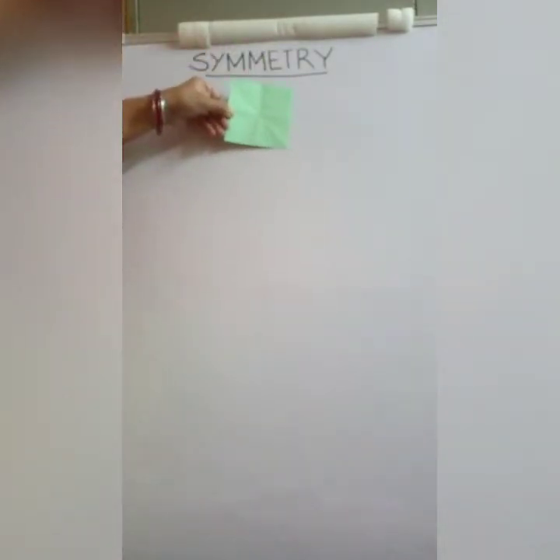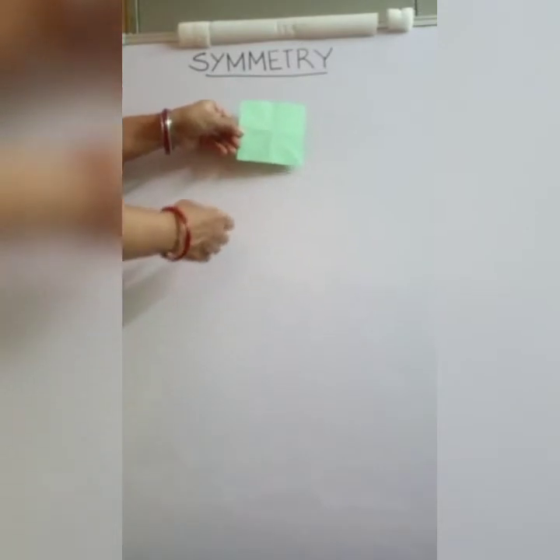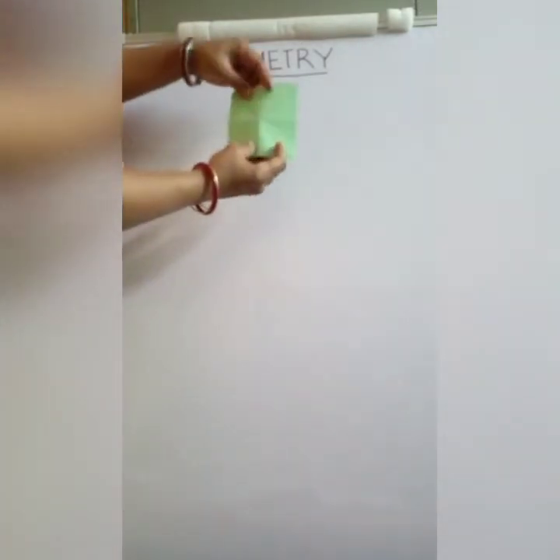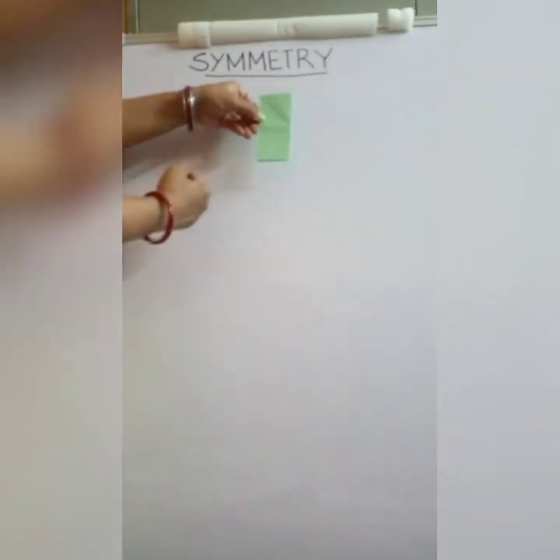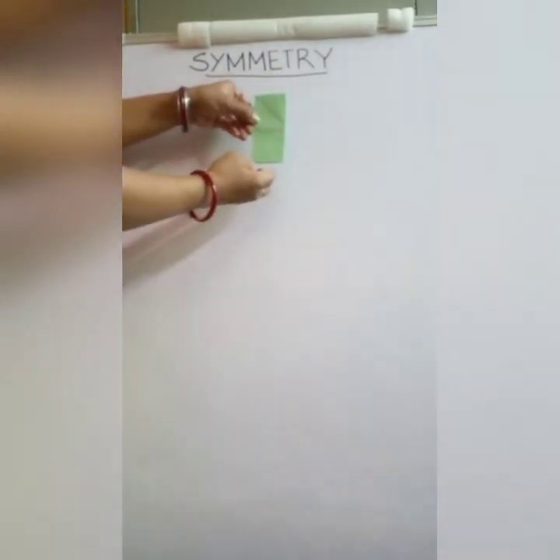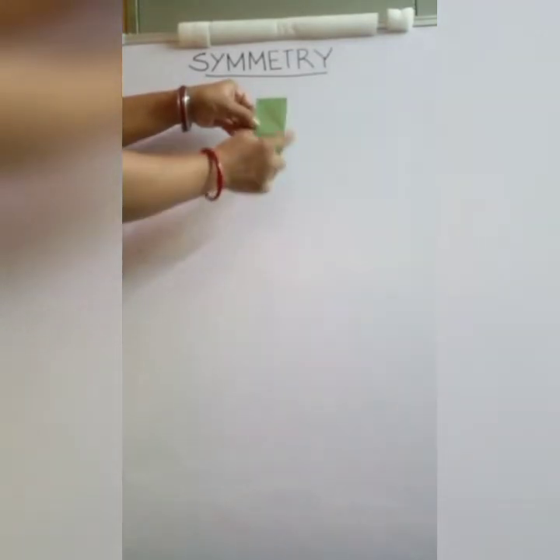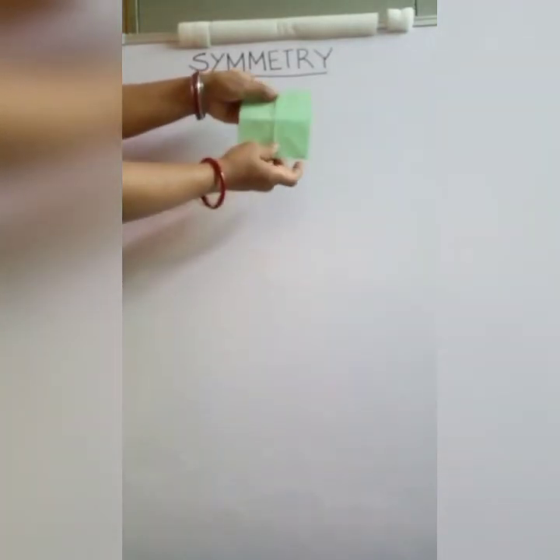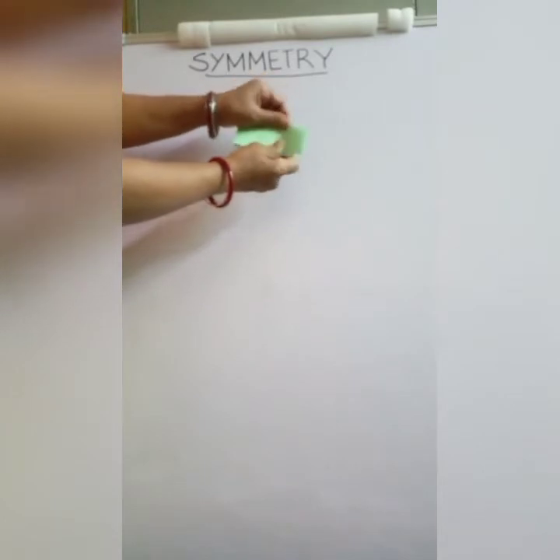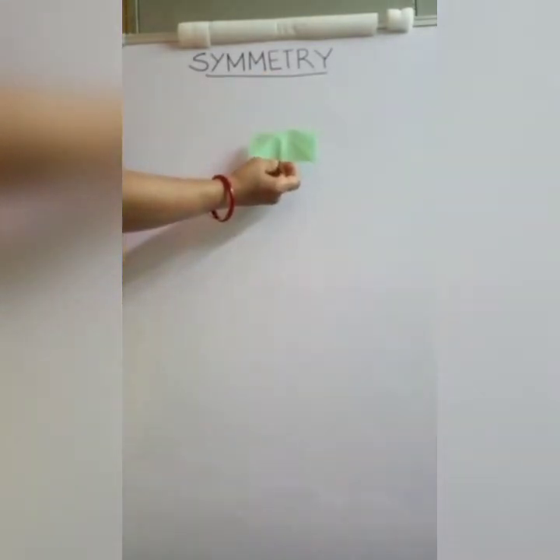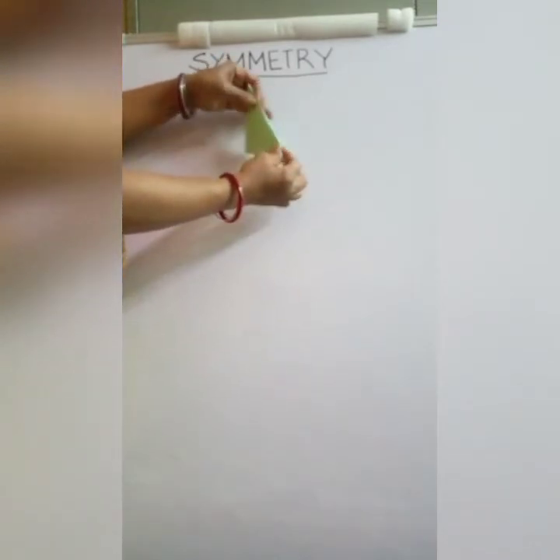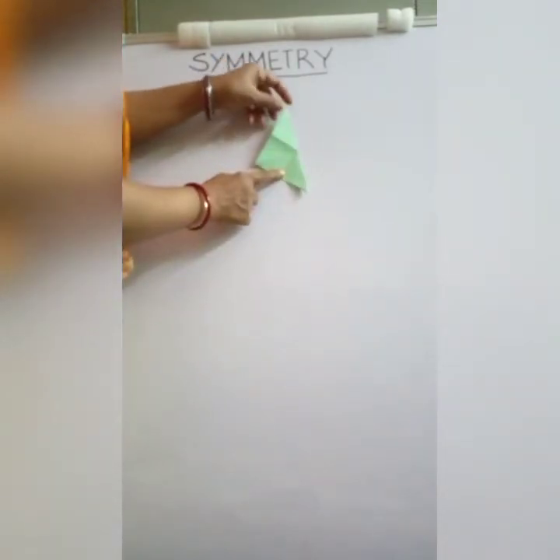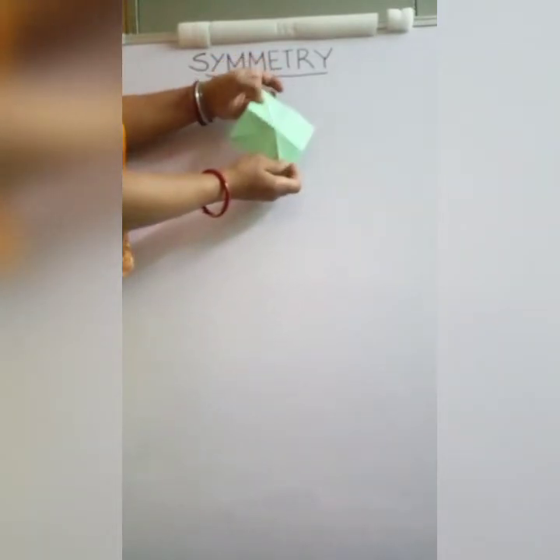Now let's start with some shapes. See, this is a square. When we fold a square, we fold it from here. The two sides overlap. They coincide. We fold it from here. They are overlapping. We cannot see the other side. We fold it from here. And we fold it from here.